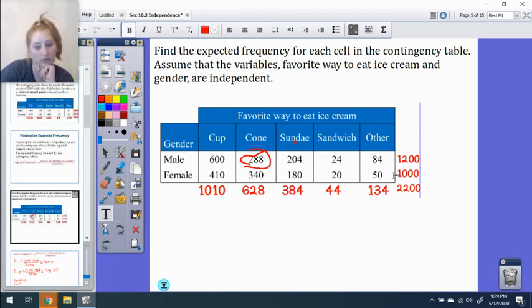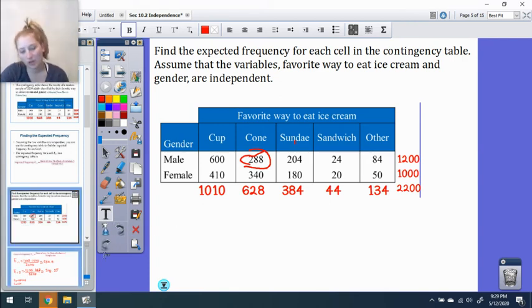This time my first number in all those problems would be 1000. So let's finish typing these out.